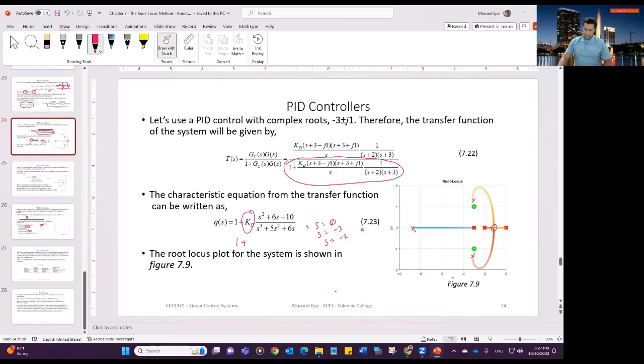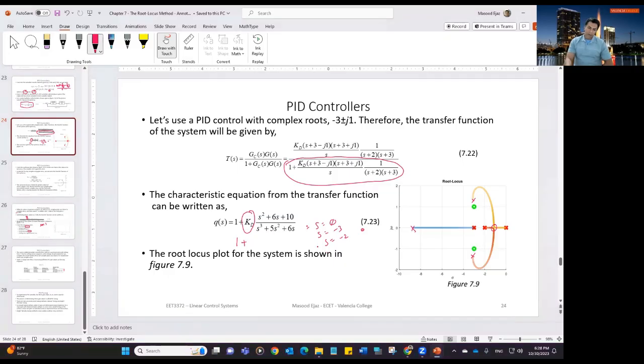Again, everything can be done in Octave or MATLAB. And then you can see how long the settling time is, what the overshoot is, and so on. And based on those characteristics, you can choose another root, check the value of KD for that, and see what your response is going to look like.